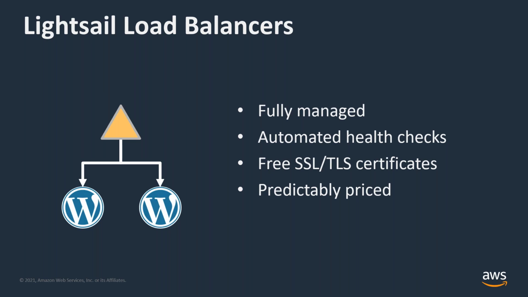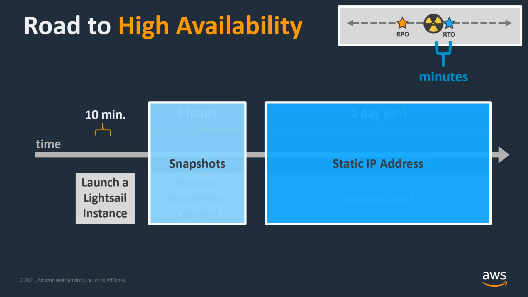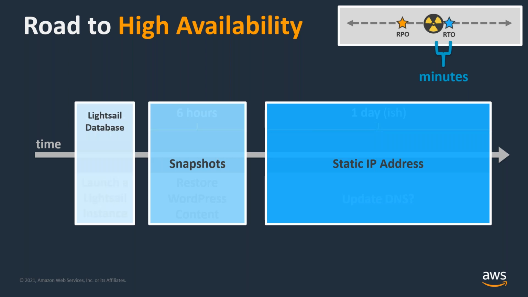All right, so with the addition of a load balancer, now we go back to our road to high availability, and we start to see what this complete solution looks like here. To really review this last section, we added a Lightsail database, which didn't solve the HA problem specifically, but did significantly improve our RPO.